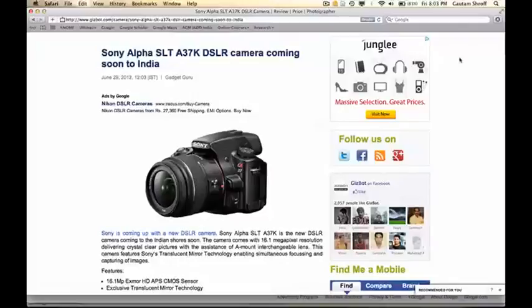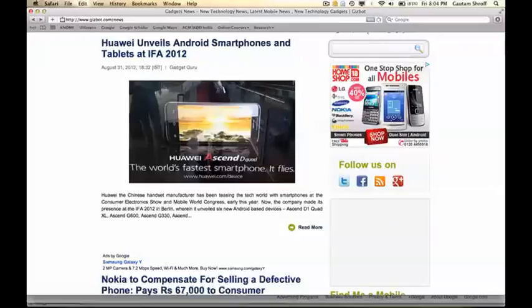For example, suppose you are reading this review of a camera, then the ad on the right has probably been posted by a company in multi-brand retail who happen to bid high for the camera keyword. On the other hand, if you turn to a story about smartphones, you end up seeing an ad about mobiles.